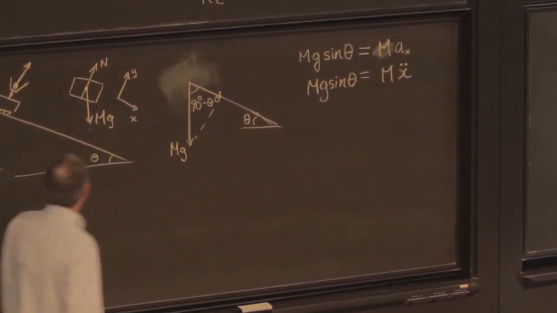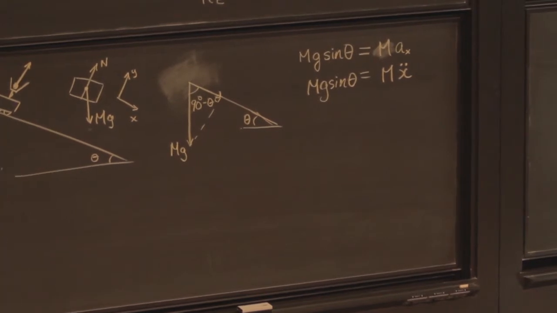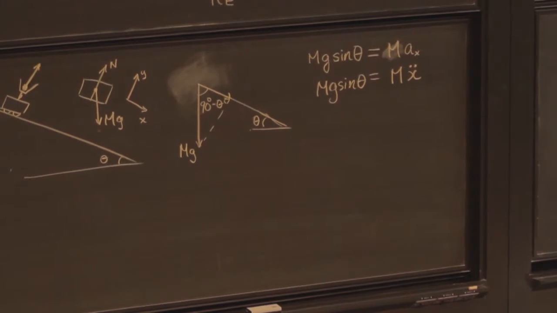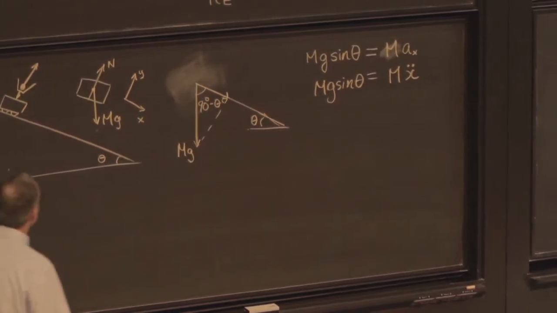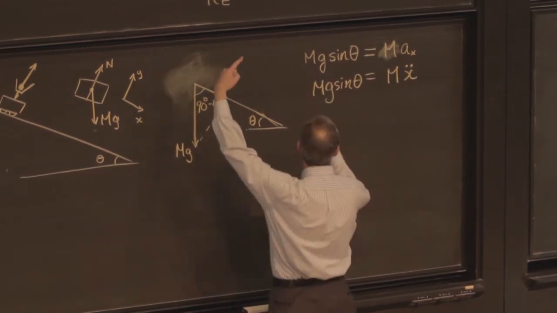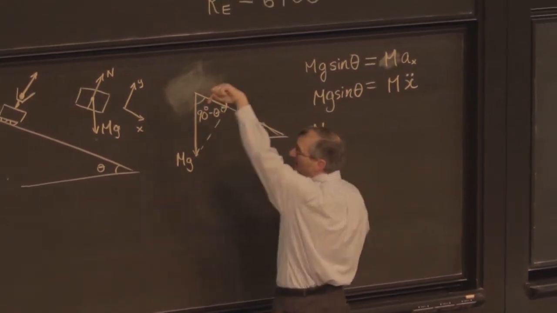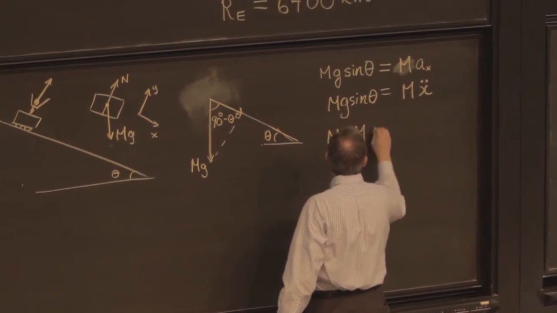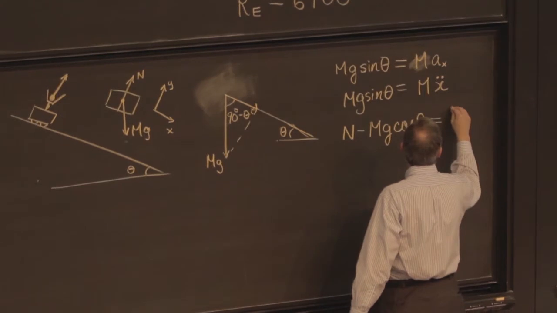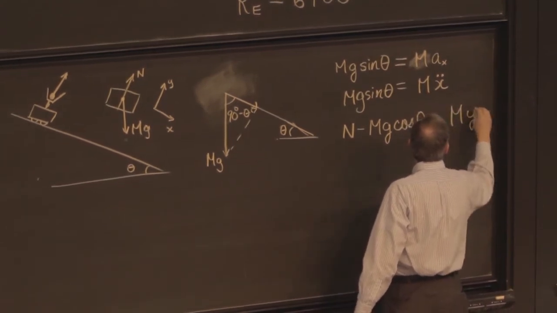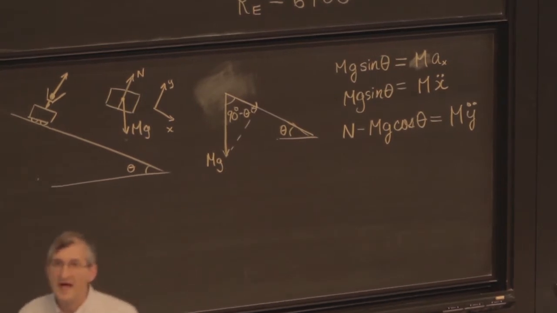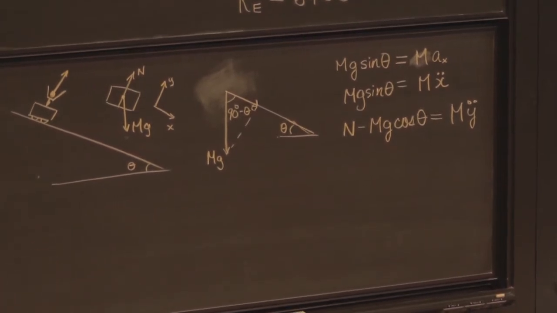Okay. What about in the y direction? So in the y direction, we would have the normal force going up, mg cosine theta going down. That must be equal to m y double dot, except that what will happen in that direction?